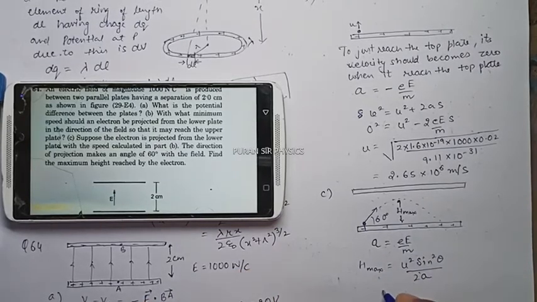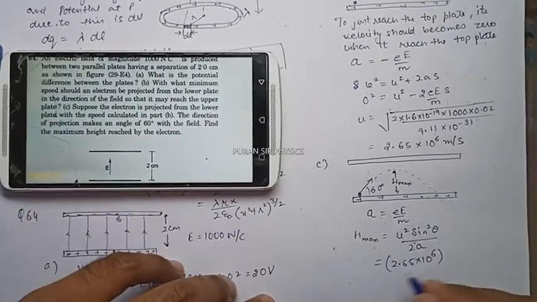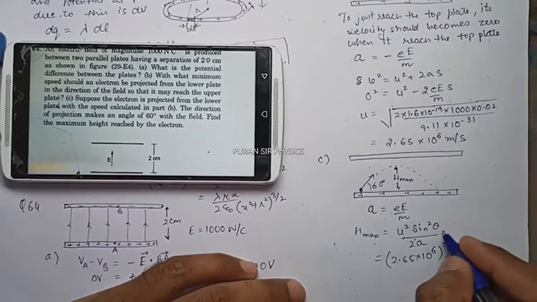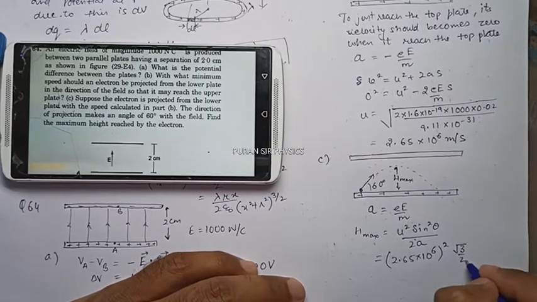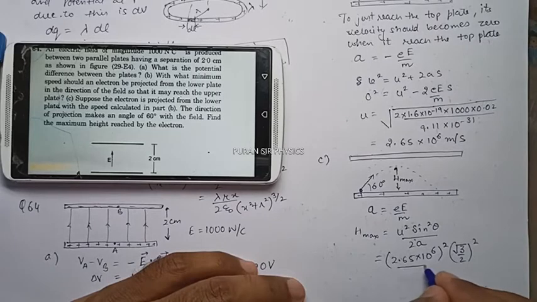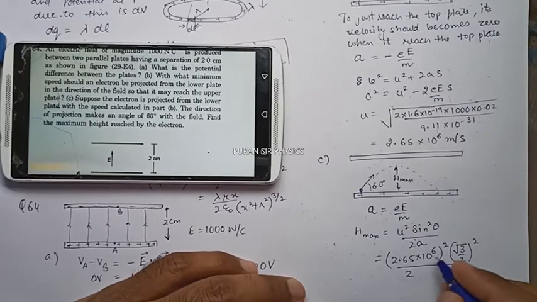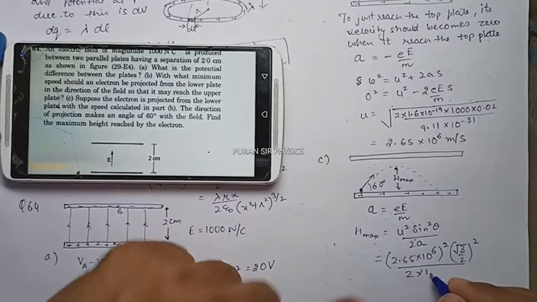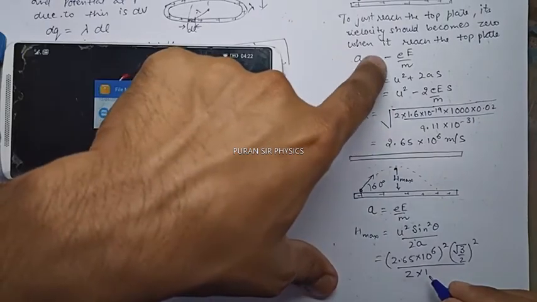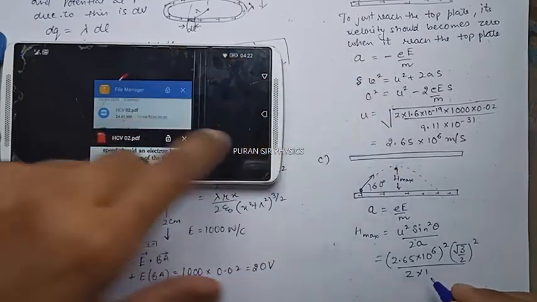So here if we substitute the values we get u as 2.65 into 10 raised to the power 6 square, and sin 60 degrees, sin 60 will be root 3 by 2 square, divided by 2 into acceleration. So acceleration will be your capital E by m.